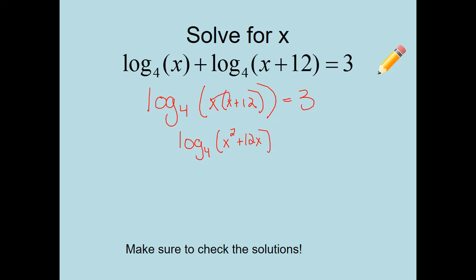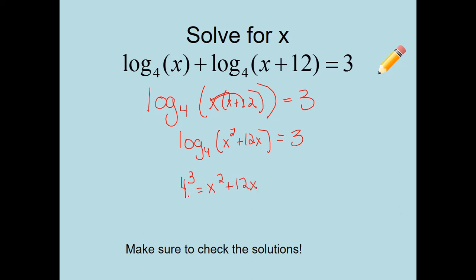Just distribute that x in for myself, equals 3. Now, I am down to a single log on one side. I can now go to exponential form. So I got 4 cubed equals x squared plus 12x.